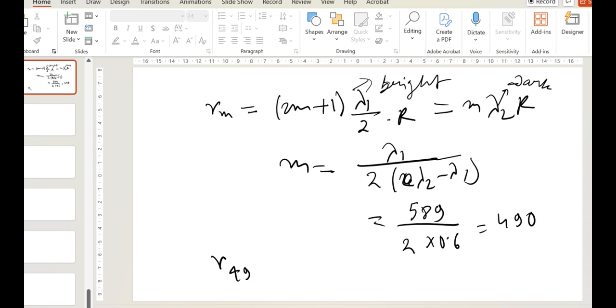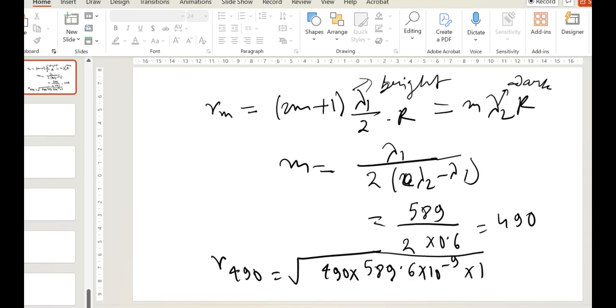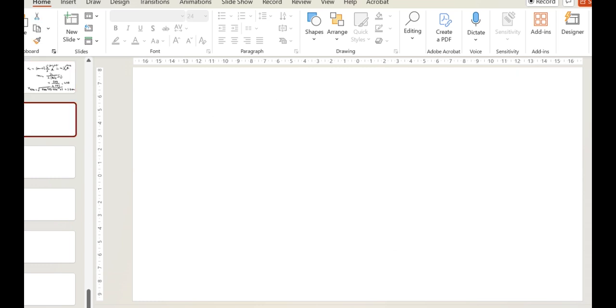So r squared equals 490 lambda 1 R, with lambda 1 as 589.6 into 10 to the power minus 9, and r is equal to 1.7 centimeter. At that distance, they will disappear.